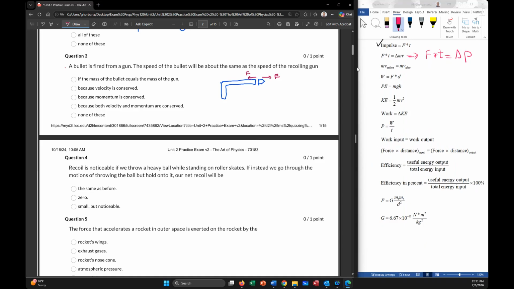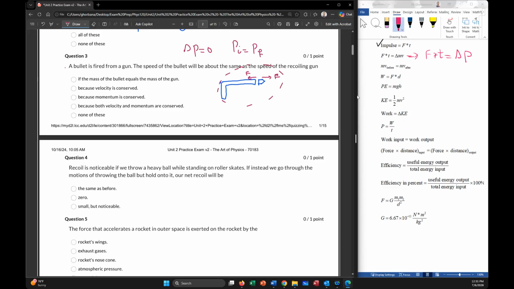The system has two forces, one force right, one force left, canceling each other. It means that the change of momentum is 0. It means that the momentum before should be equal to the momentum after. Good. Momentum has not changed.